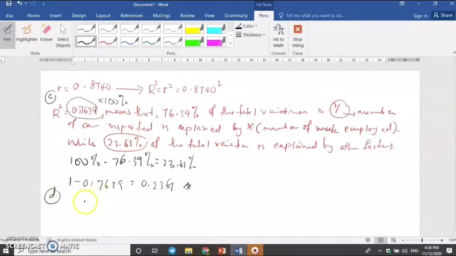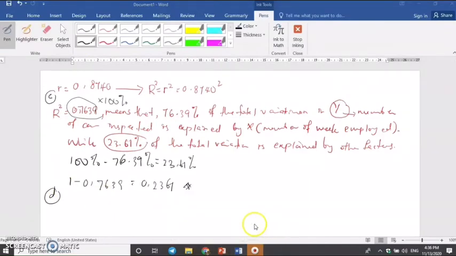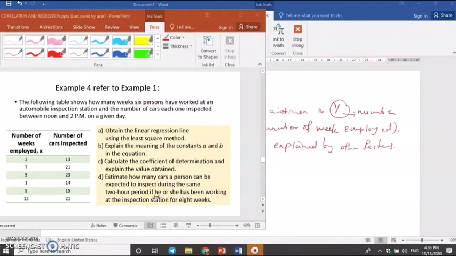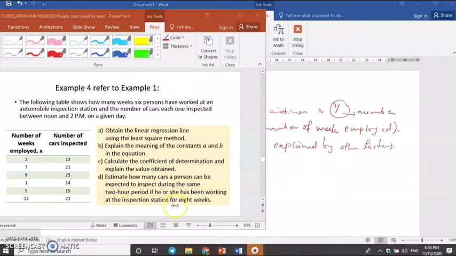D is based on the question asks you to find what happened in each week, right? So estimate how many cars can be expected to inspect during the same 2-hour period if he or she has been working at the inspection station for 8 weeks. So dia nak bila X2 equal to 8, how many of the cars is being inspected.